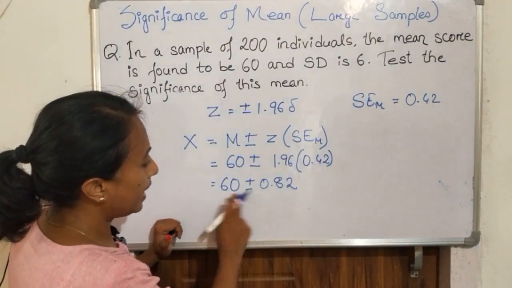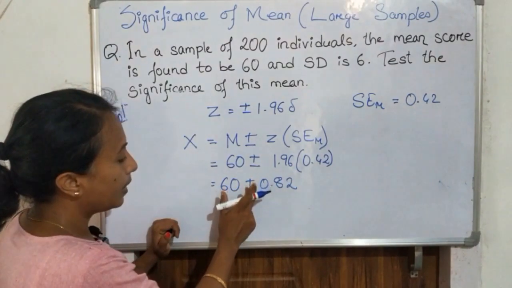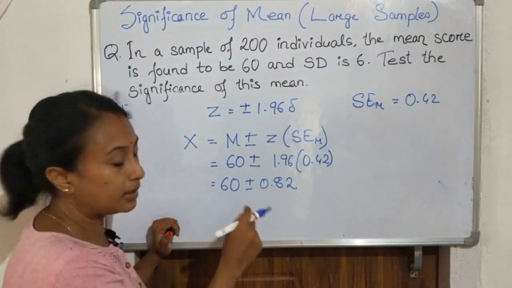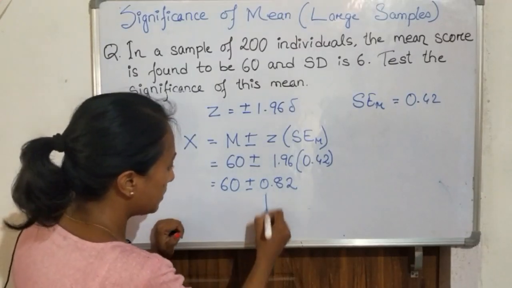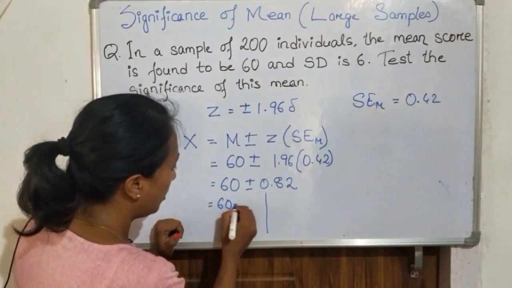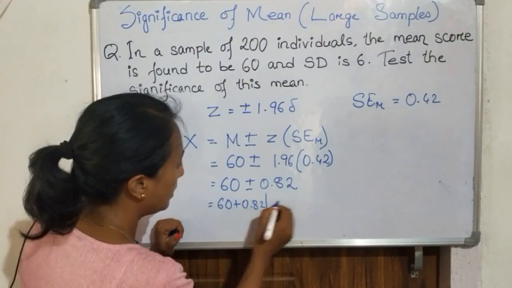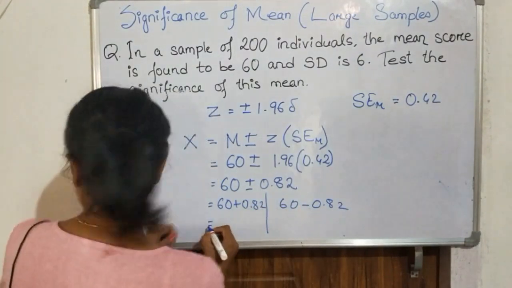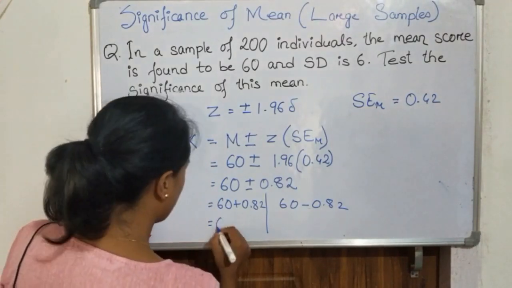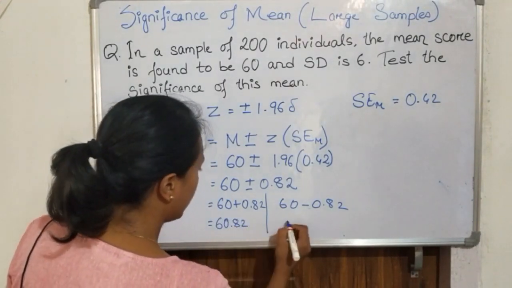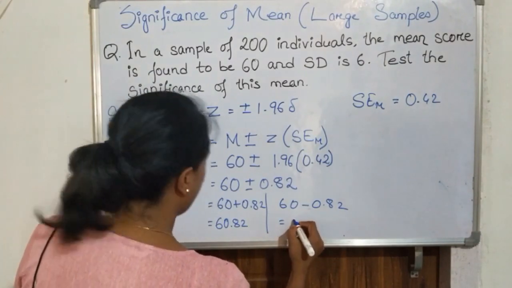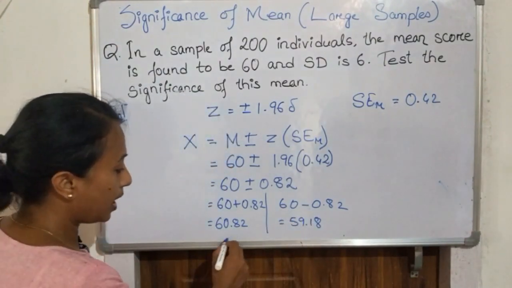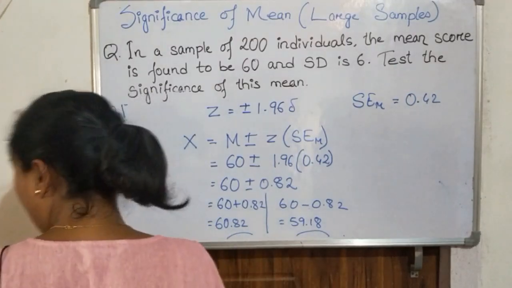Let us break these two: 60 plus 0.82 and 60 minus 0.82. It comes to 60.82, and this comes to 59.18. These two are our limits at the 5% interval.